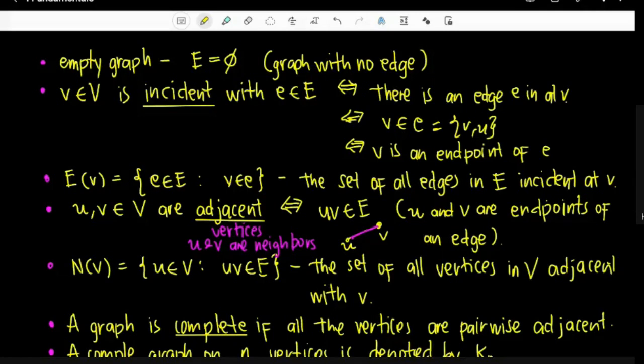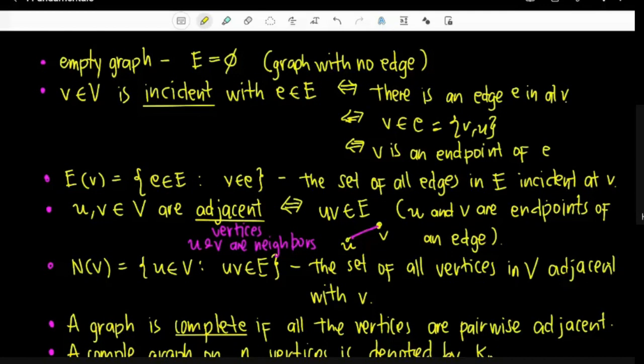So V is in the set VU where U is one of the endpoints of E. Okay? So incidence means the edge is at that endpoint. Yun lang ibig sabihin ng incident.